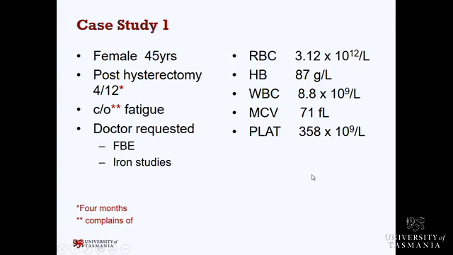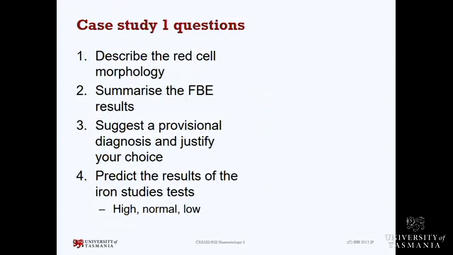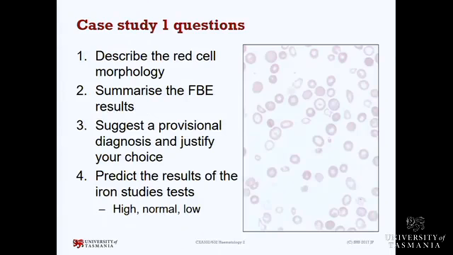So we've got our FBE here. And what we want you to do is to describe the red cell morphology that's seen under the microscope, summarise the results, suggest a provisional diagnosis and justify your choice, and predict the results of the iron studies.